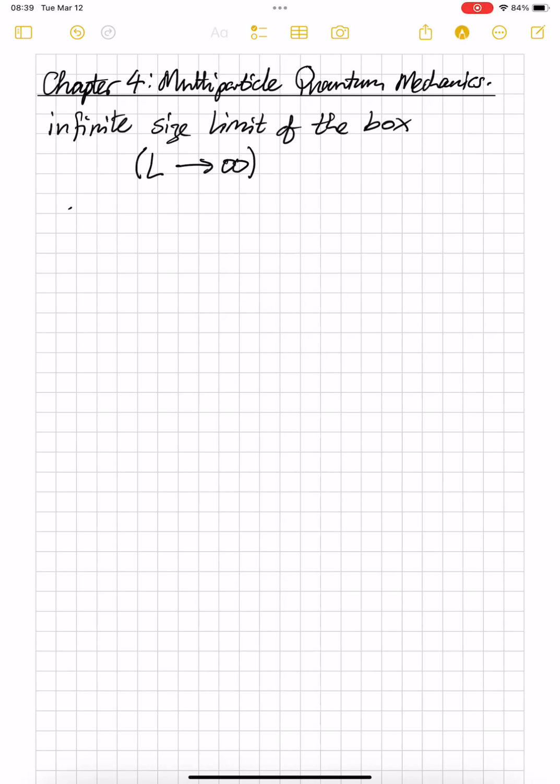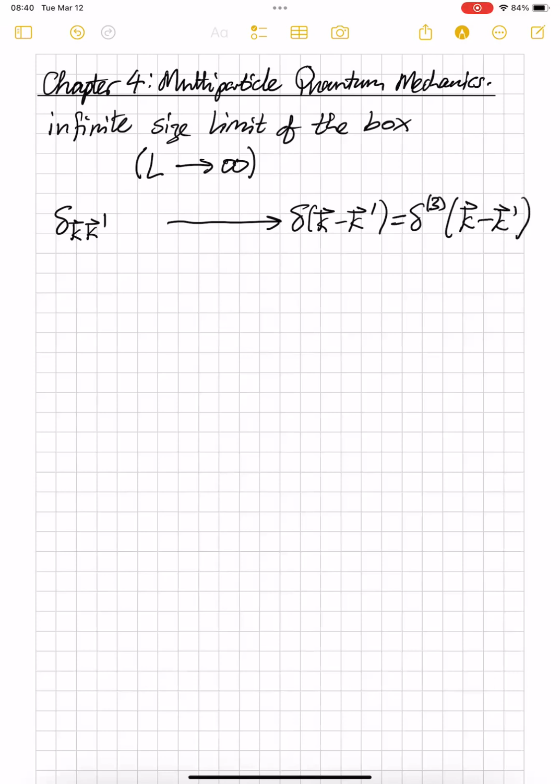Well, the kinds of things that we expect is that the Kronecker delta, delta k k primed, will go into the Dirac delta distribution. And just as some notation, sometimes I will also write the Dirac delta with that little 3 subscript. These two mean the same thing.